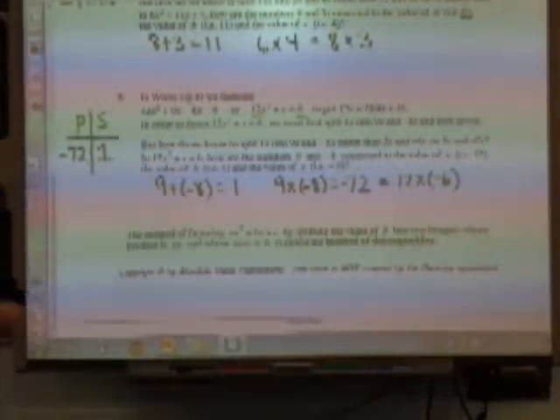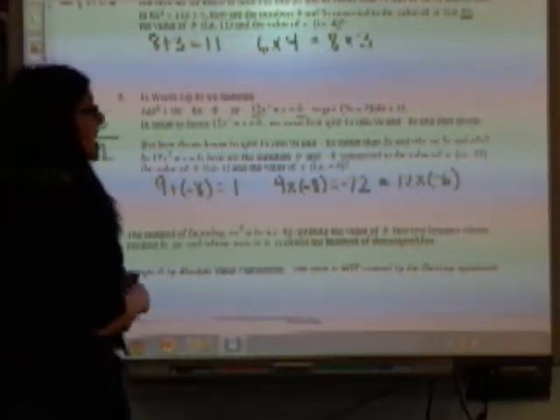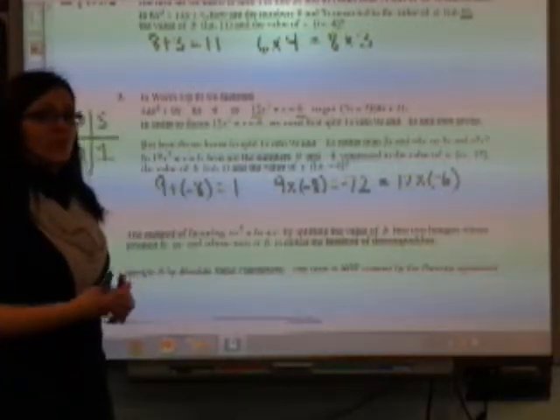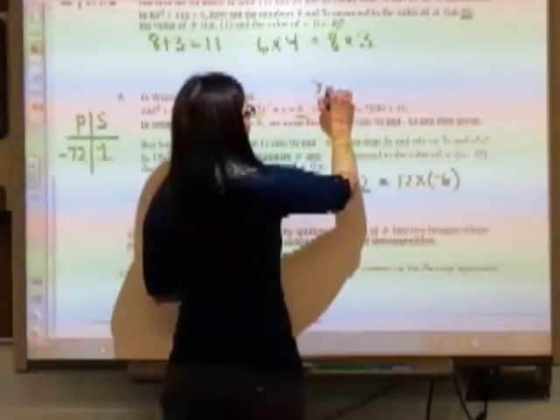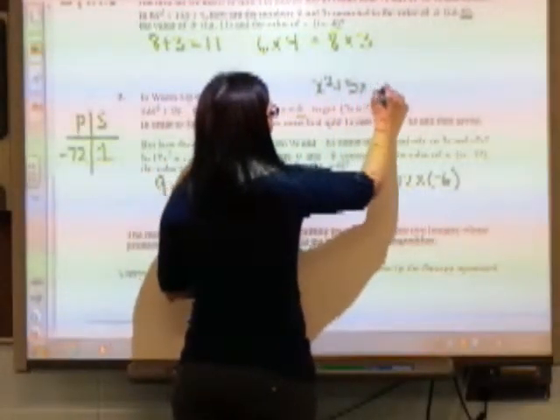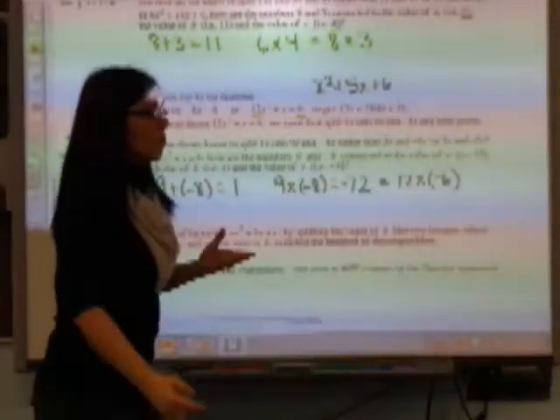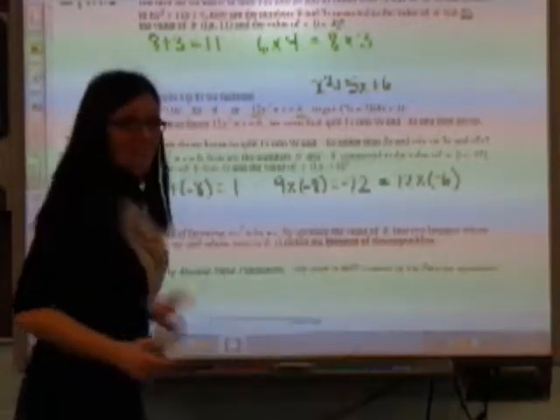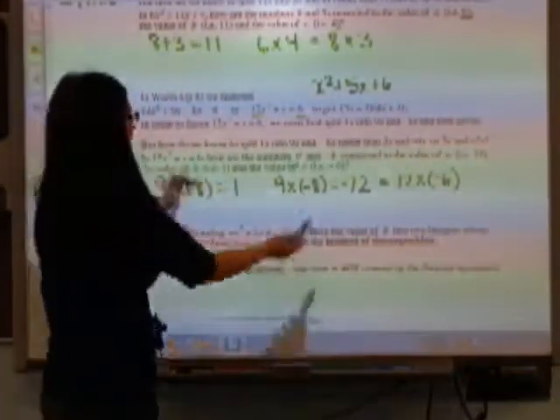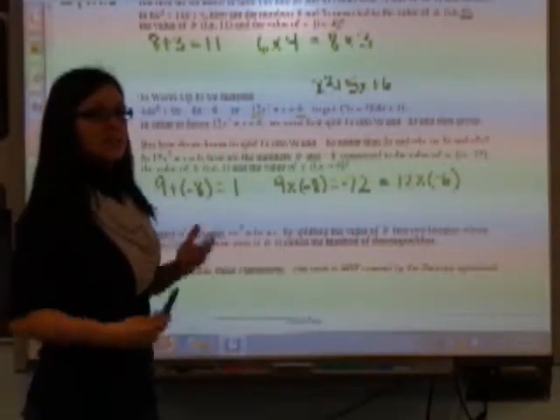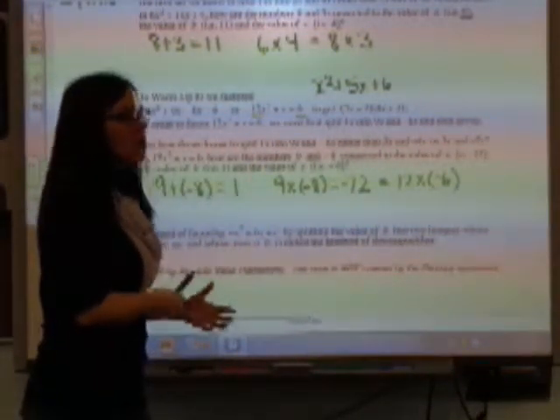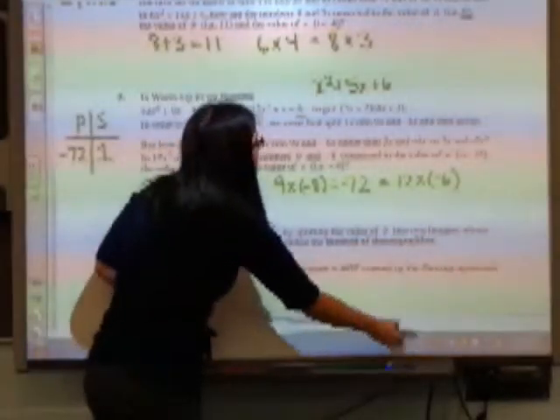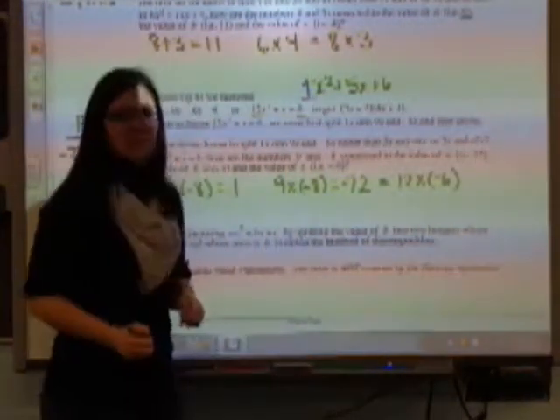Now if I just take a moment to go back to the last lesson, if we look at the polynomials that we were dealing with, we had things like x squared plus 5x plus 6. Well, if I use this idea of multiplying the first and the last term, does that still work in the last polynomial? Sure it does, because this was a 1.